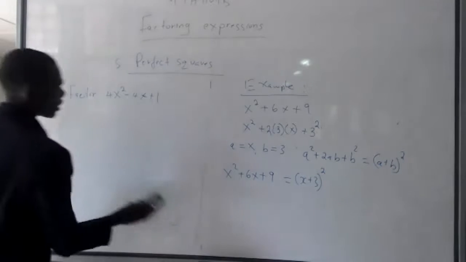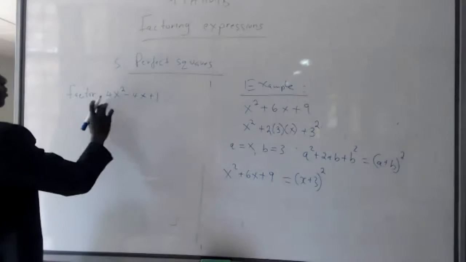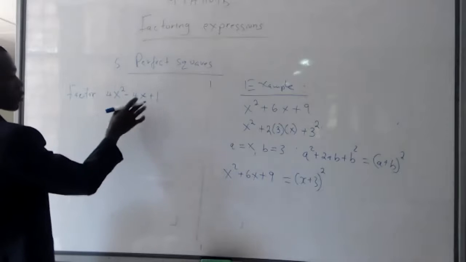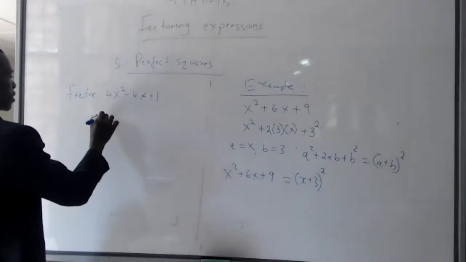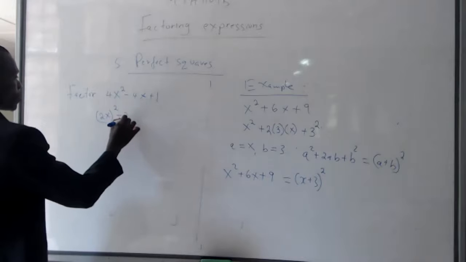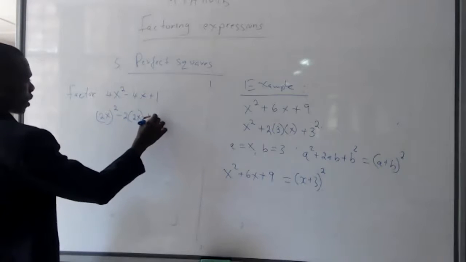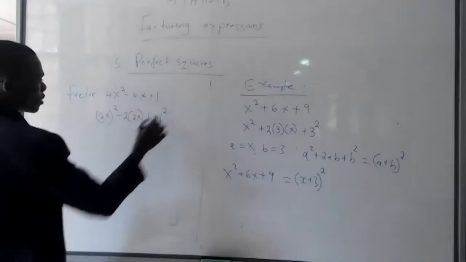So factor something like 4x squared minus 4x plus 1. Of course, this is a perfect square because you can write this as (2x) squared minus 2 times 2x times 1 plus 1 squared.